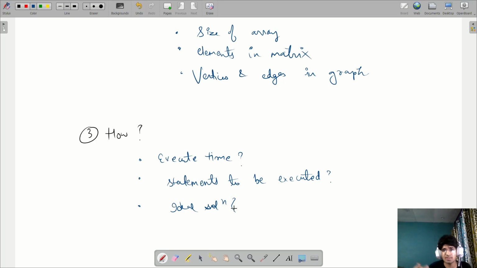Execution time is not a good measure, as it is specific to a particular computer, right?